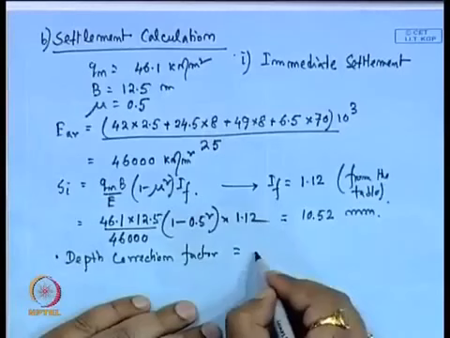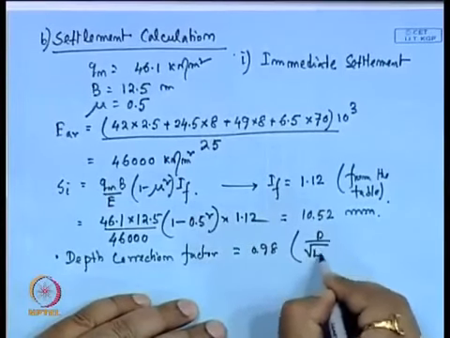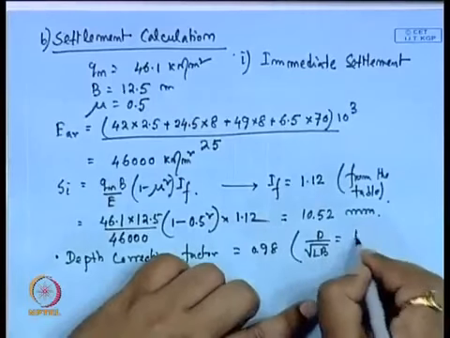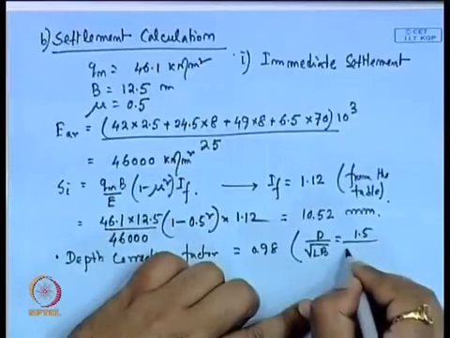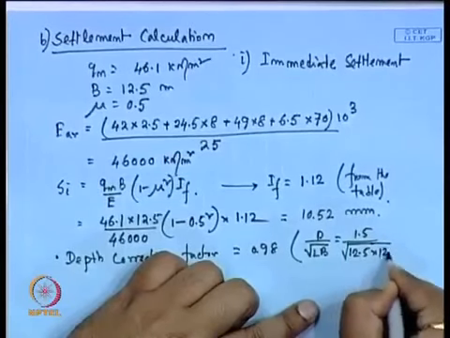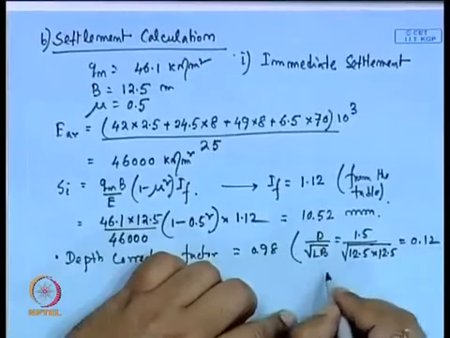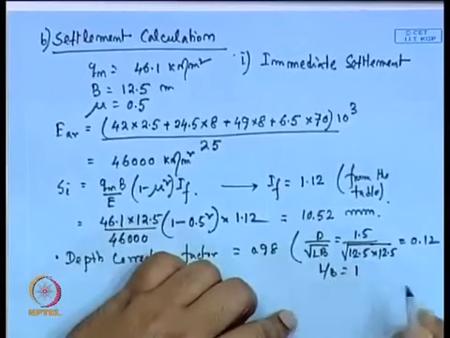that is we are getting 0.98, because our d by root of L b value is 1.5 over root of 12.5 into 12.5. So, this value is 0.12 and L by b is equal to 1.